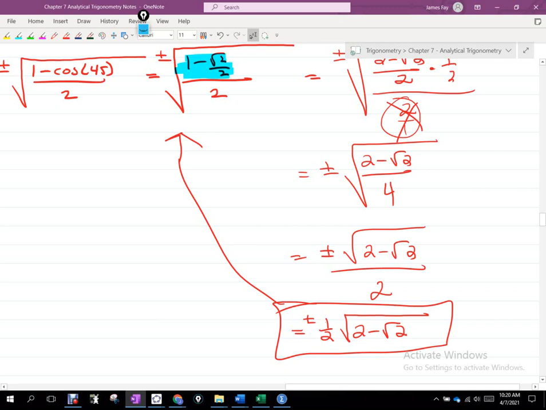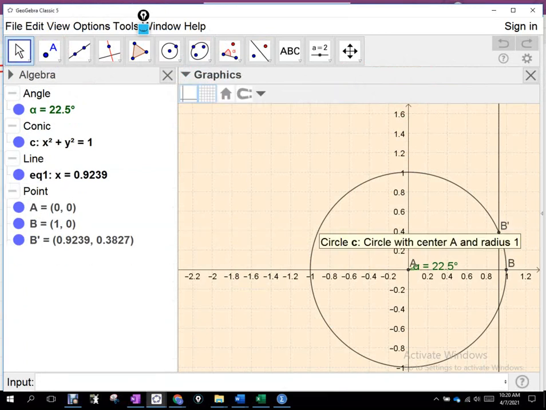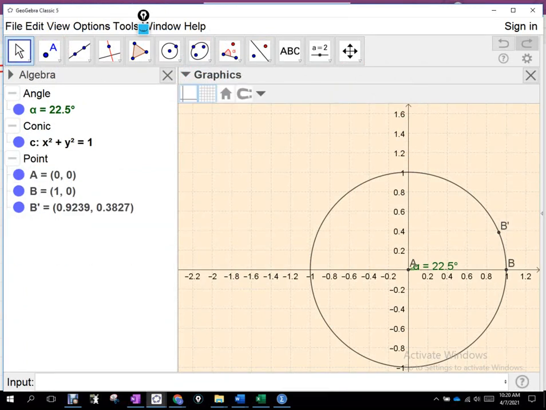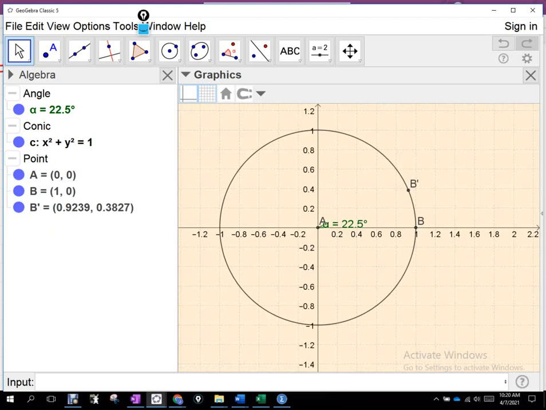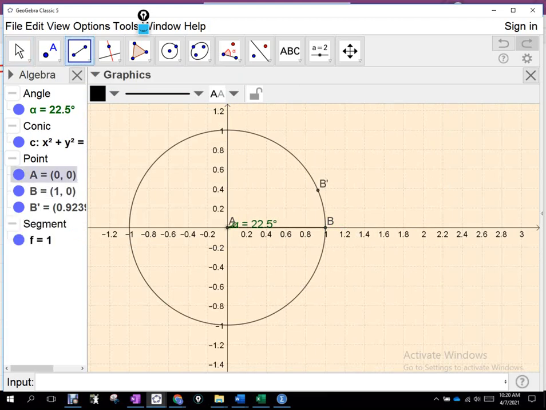Let's see if that makes sense to us. Let's take our unit circle here. And what I've done on this unit circle is simply put in an angle that is 22.5 degrees.